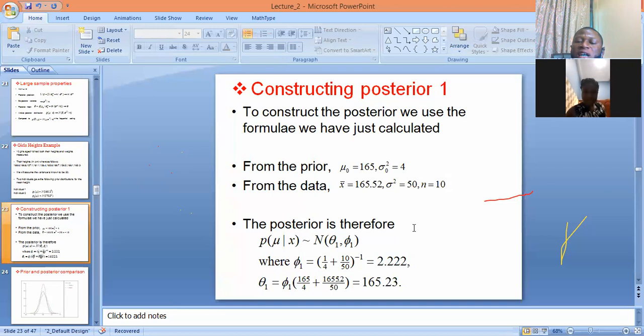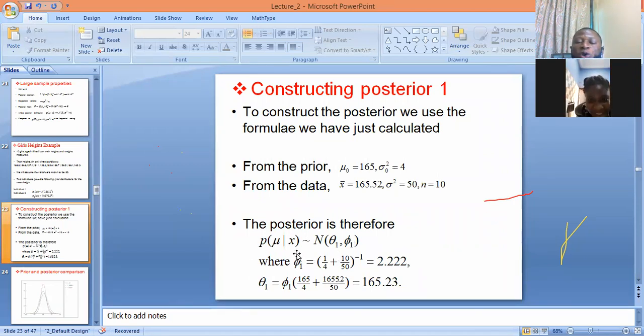So the posterior distribution of the mean of the data set is normally distributed with mean theta 1 and variance phi 1, to indicate that we are dealing with the first individual.